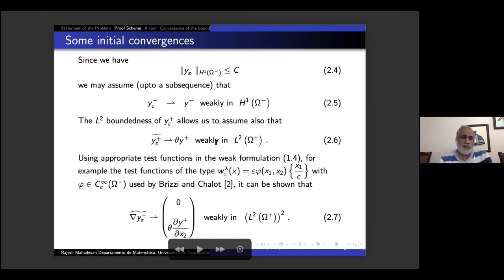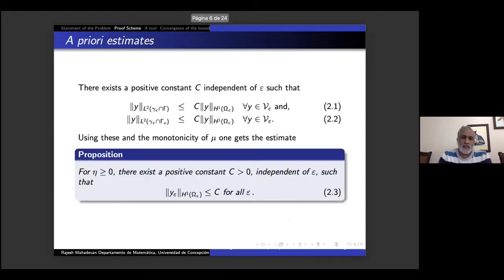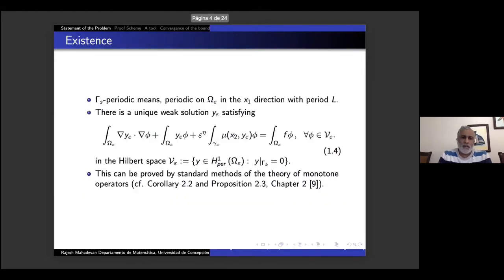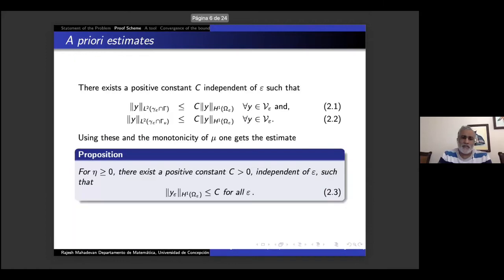So what's the upshot? As you will see here, you have gradient terms in this, and to pass to the limit, you still need to say something about the convergence of the gradients of y epsilon in the upper part, which we haven't said anything about so far.